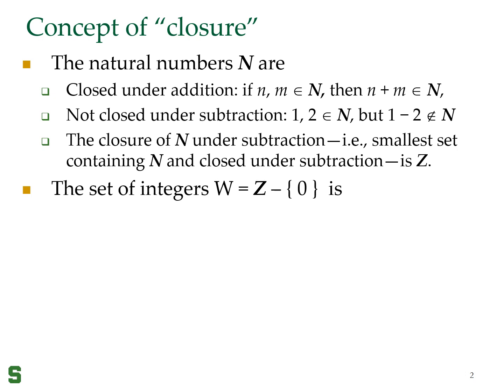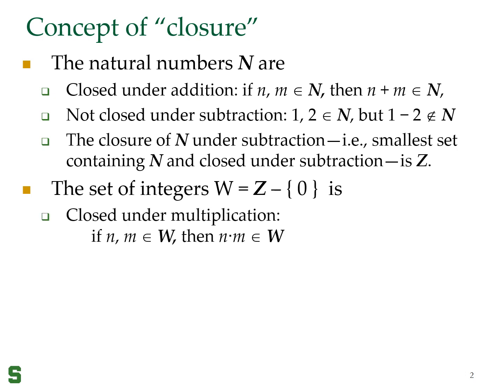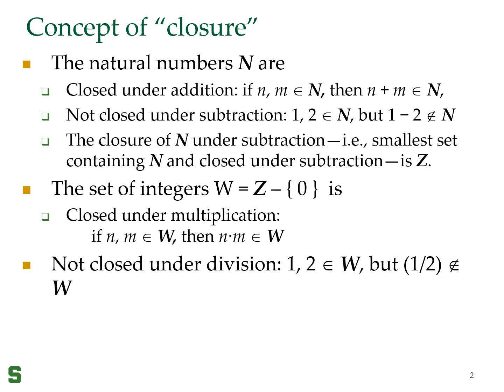Let's look at the set of integers except for the number 0. It is closed under multiplication. If I take two numbers in this set, their product is in this set. It is not closed under division because a half is not an integer.